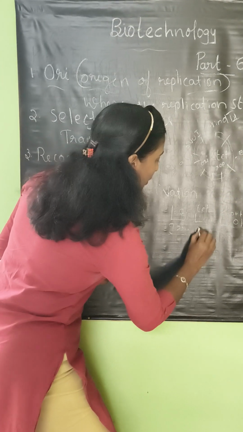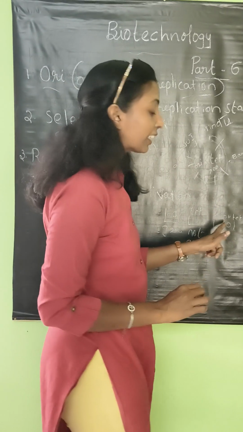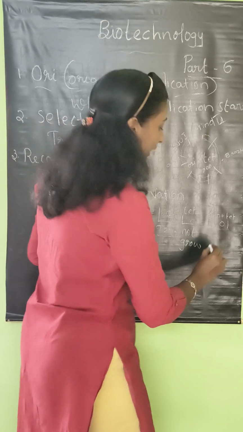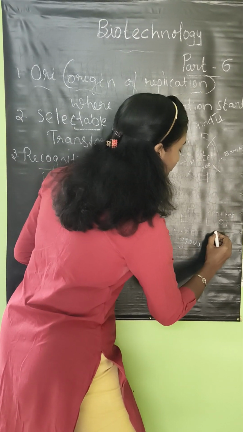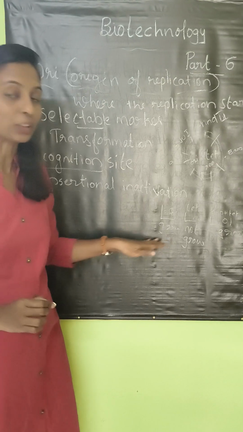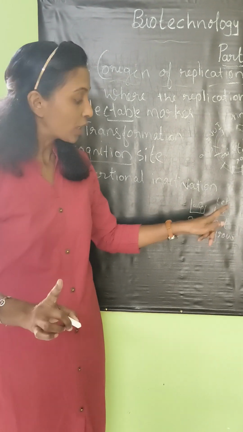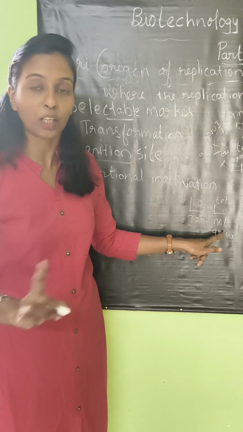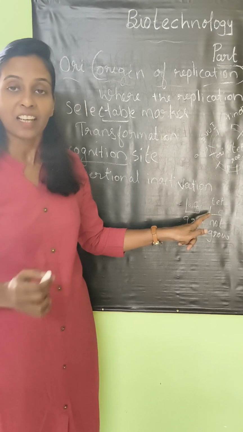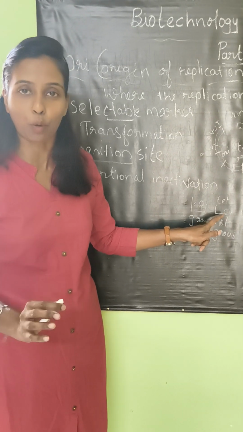And the plate containing both ampicillin and tetracycline, here the recombinant also will not grow. According to this observation, we need only the recombinants, so by this we can select our rDNA, our gene of interest, the recombinants.